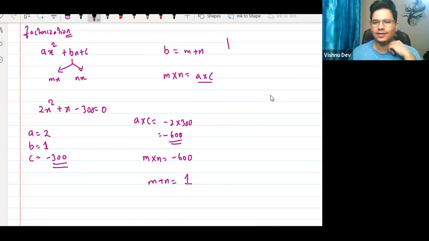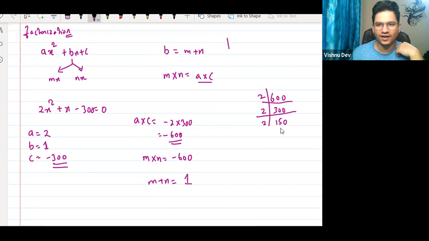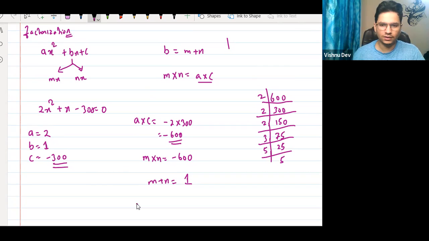The second is factorize 600. 600 is 2 into 300, 2 into 150, 2 into 75, 3 into 25, 5 into 5. So m into n is equal to minus 2 into 2 into 2 into 3 into 5 into 5.